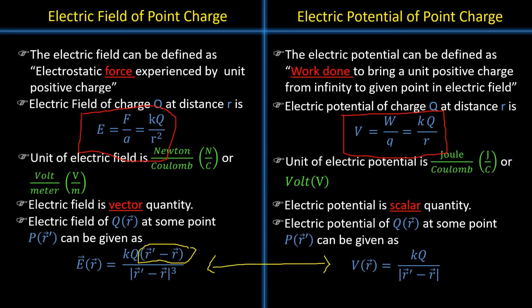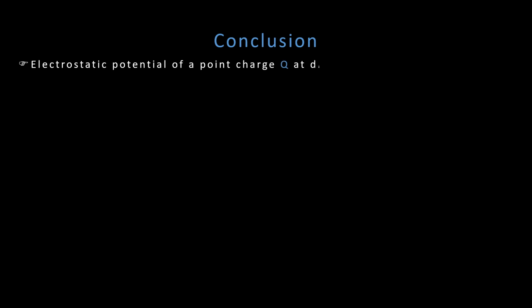So let us conclude now. Electric potential of charge q at distance r can be given as kq by r, kq upon distance, whichever point you are talking about. Just see how far the point is from the source charge.